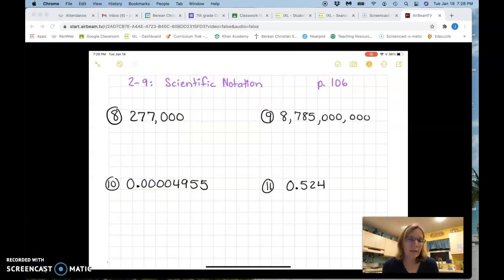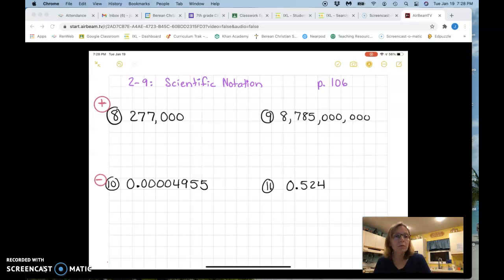Okay, so for these last 4 examples, it says write each number in scientific notation. So now we have standard form. I have to change it over to scientific notation. Remember, if I start with a large number, a big number, I'm going to have a positive exponent. And if I start with a small number, like these little decimals down here, I'm going to have a negative exponent.